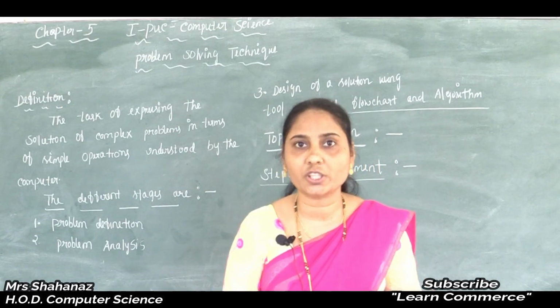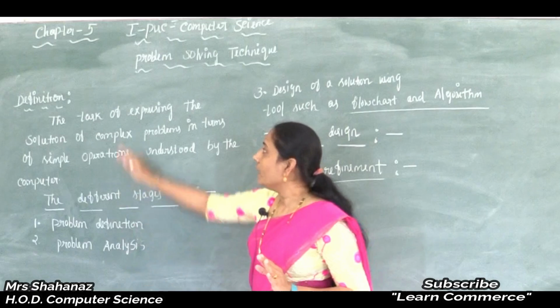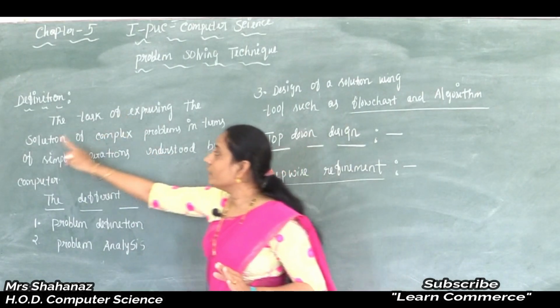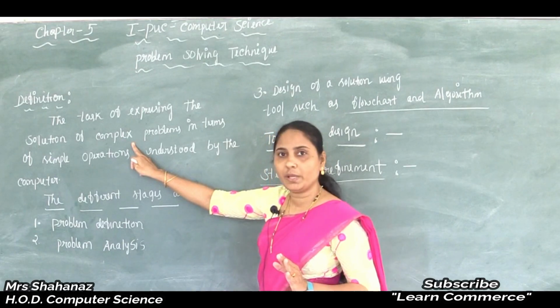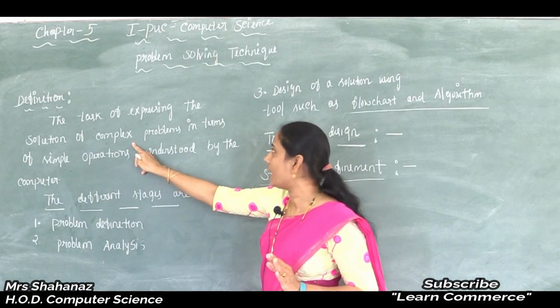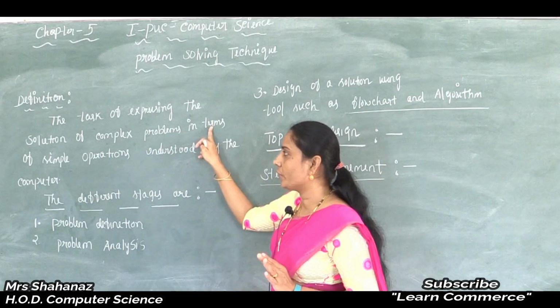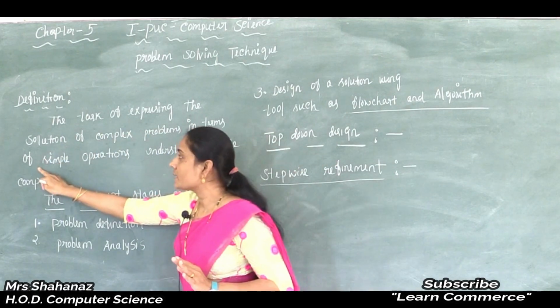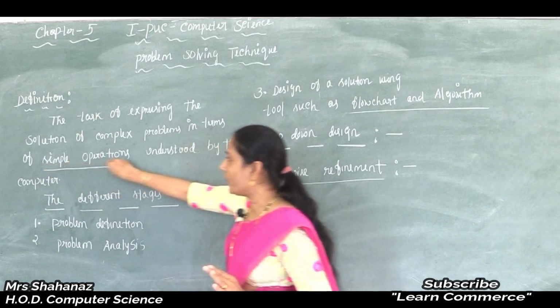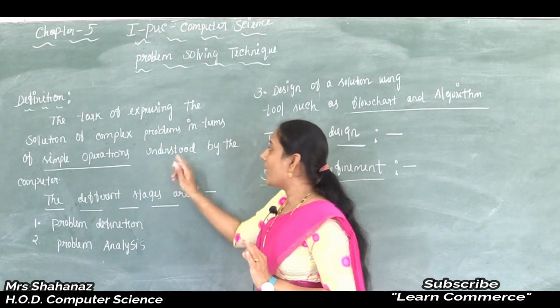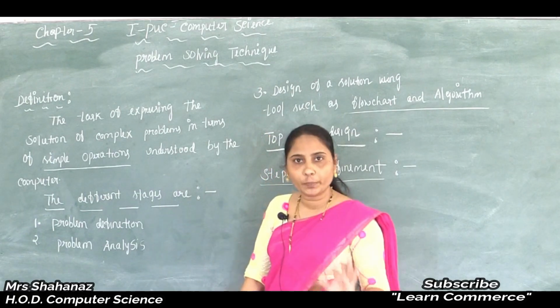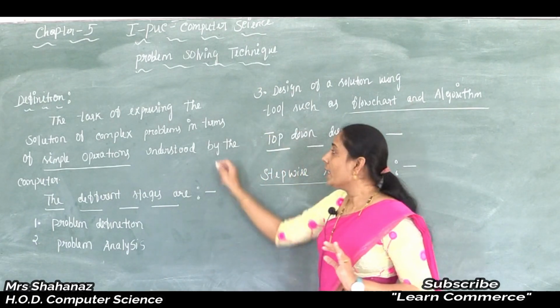So clear this point here. The task of expressing the solution of complex problems, that means if any complex, problematic problem is there, such a problem we are going to solve by applying some simple operations, and such operations should be understood by the computer.